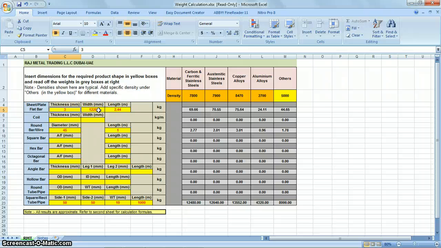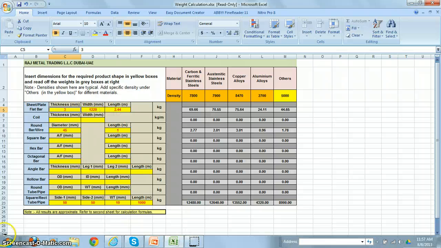Whenever you get an inquiry for, say, 3 milli, 4 milli, 5 milli, 10 milli, or 20 milli, you just need to multiply the weight of the 1 milli sheet by that thickness. Now let me explain. Take this notepad.